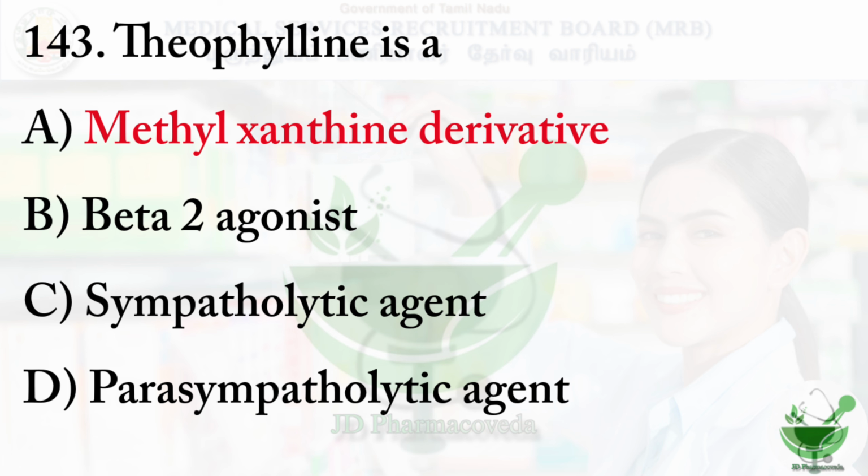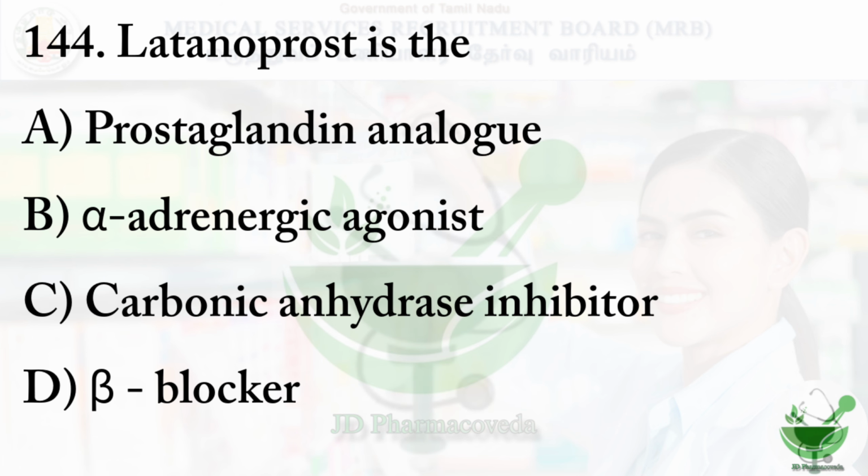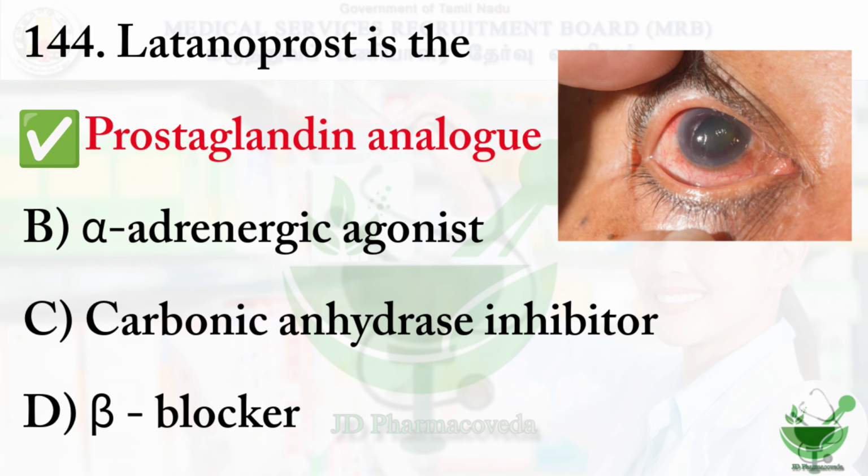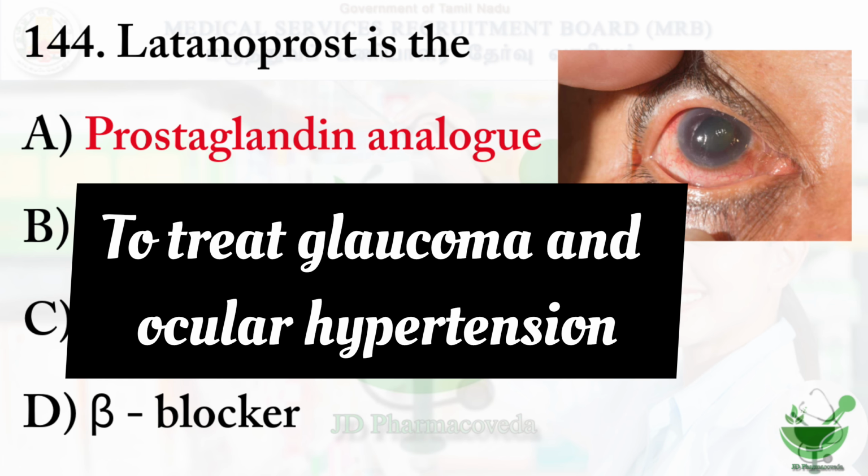Then question number 144, lansoprazole is: option A, prostaglandin analog; option B, alpha adrenergic agonist; option C, carbonic anhydrase inhibitor; option D, beta blocker. So the right option is option A, prostaglandin analog. This lansoprazole is used to treat glaucoma and other ocular hypertension.